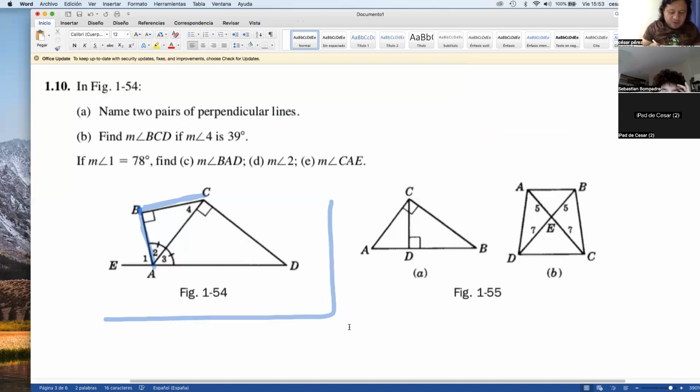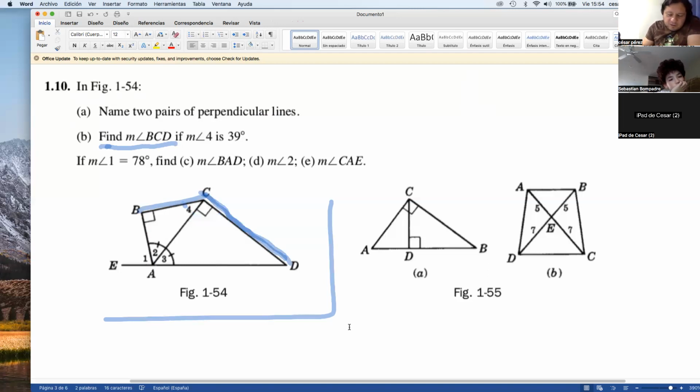Now subsection B. Here it says find BCD. We need to find this angle, BCD.